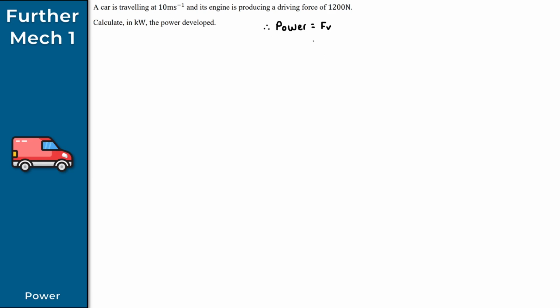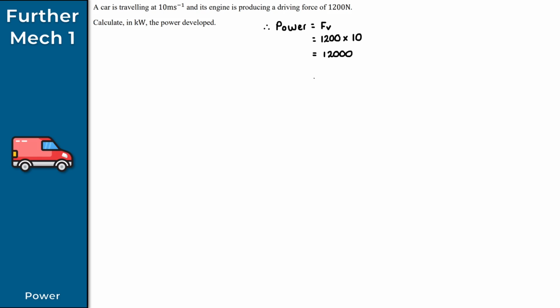Okay? So in that case, then the power developed here is equal to 1,200 times by 10, which is equal to 12,000. I'll just be very, very careful here. This answer here is in watts, but we want the answer in kilowatts. So remember then, 1 kilowatt here is 1,000 watts.